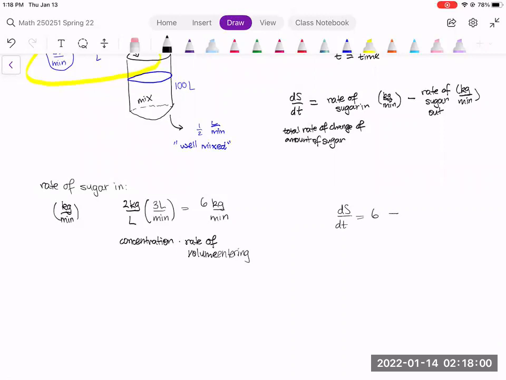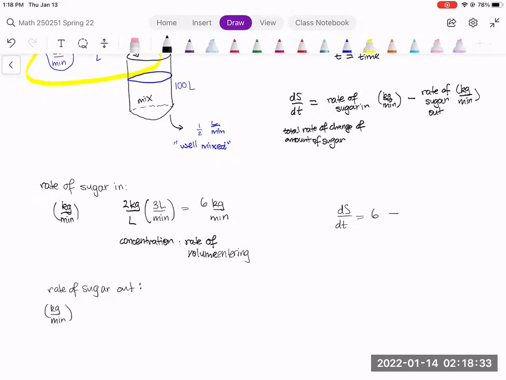And then now we're going to find the rate that the sugar is exiting. This is again going to have units of kilograms per minute. If we think about what we did when we were calculating the rate in, we had the concentration of the solution that was moving times the rate of the volume that was entering.